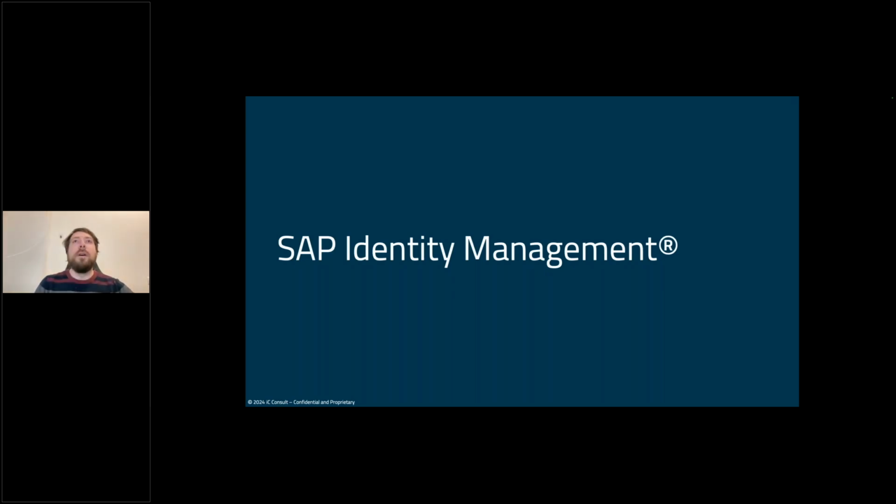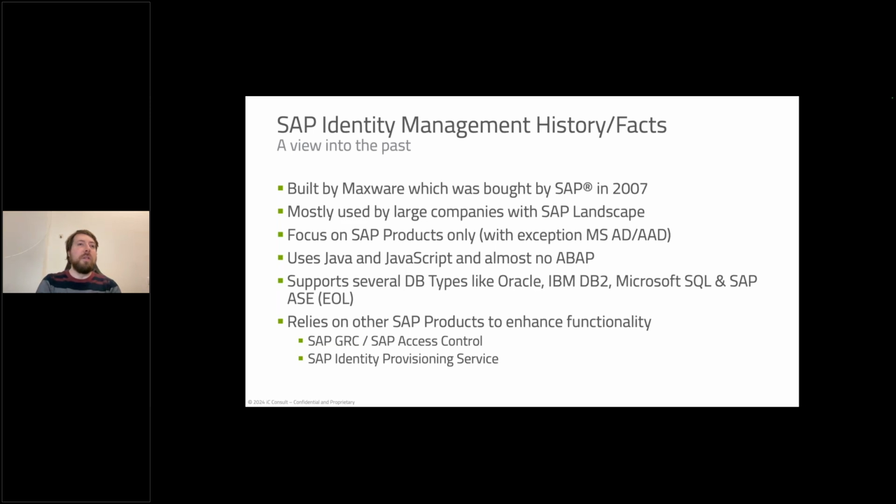SAP IDM, let's take a short view into the past, how it came to fruition at SAP. I also sometimes heard it's not a real SAP product back then. That might be true because SAP had not yet started to buy so many other companies.